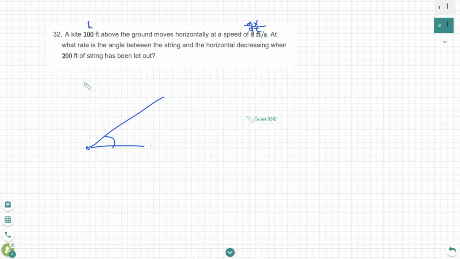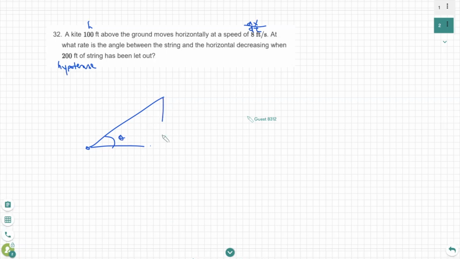Okay. What we want to find is d theta over dt. Yeah, this is theta. So we know our hypotenuse, and we know the opposite side to the angle is 100.